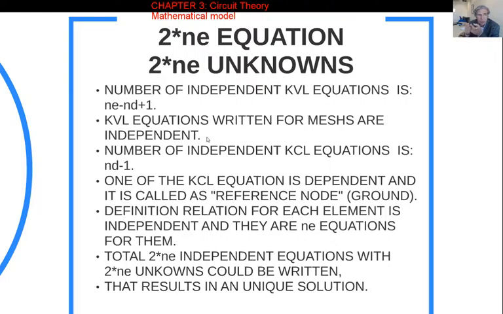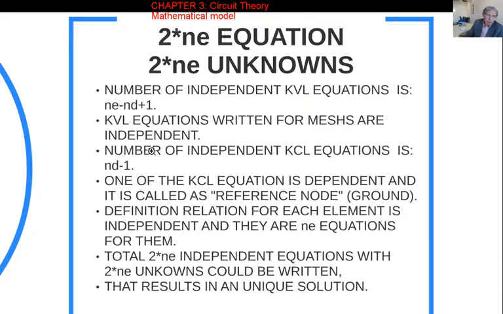What is said here is that these equations are the ones which were written for the meshes. So I know how I am going to write independent Kirchhoff voltage law equations. I'm going to write these equations for the meshes.